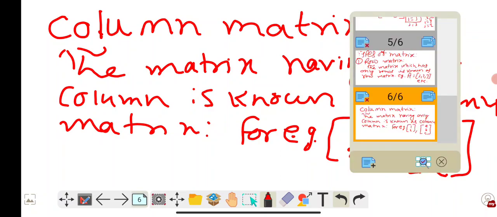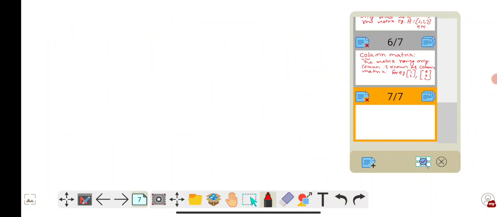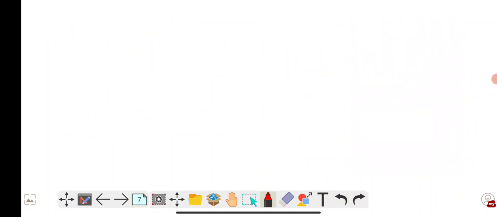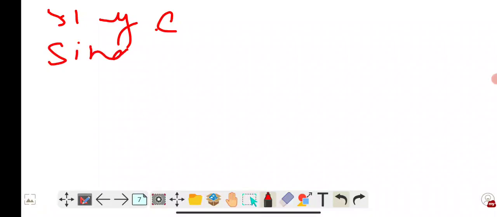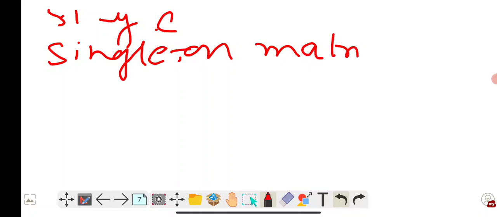Now the next matrix is, we have discussed row matrix, column matrix. Now Singleton matrix. Singleton matrix.